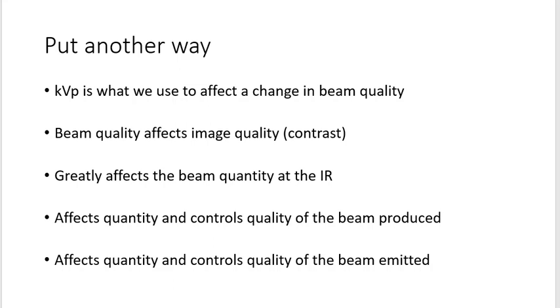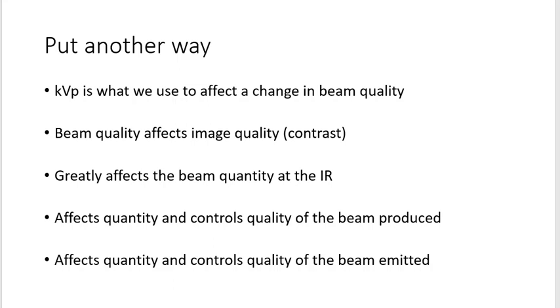It affects the quality and controls the quality of the beam that's emitted. Now here's the rub, though: beam quality increases penetration, but as kVp goes up, as you increase beam quality, you increase penetration. As kVp goes up, you increase both of those things, but what you also increase is the percentage of scatter radiation in the secondary beam. So beam quality and radiographic quality are definitely not the same thing.